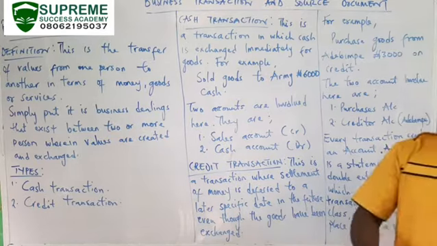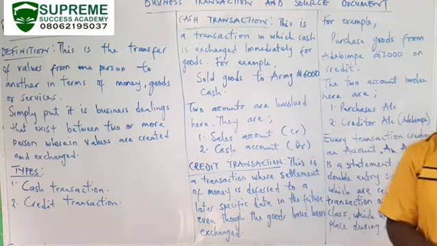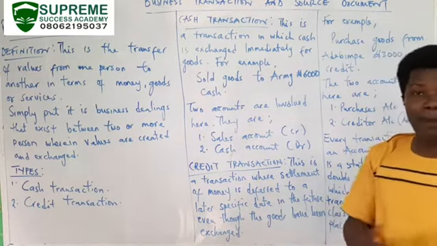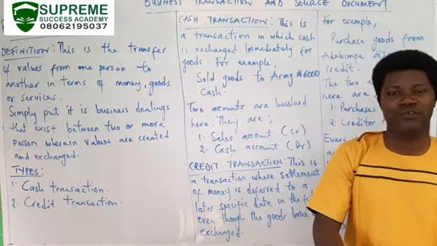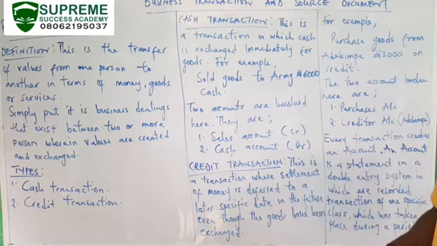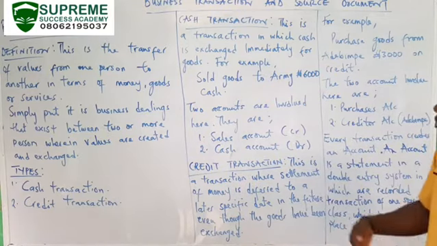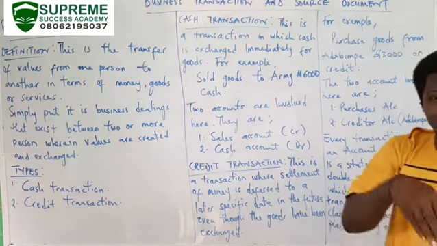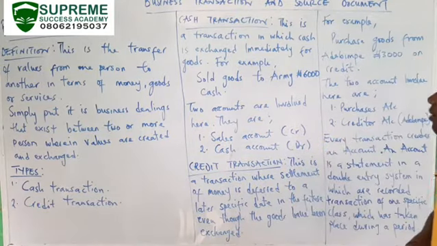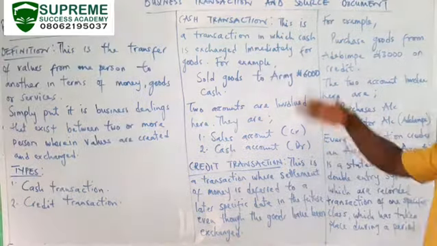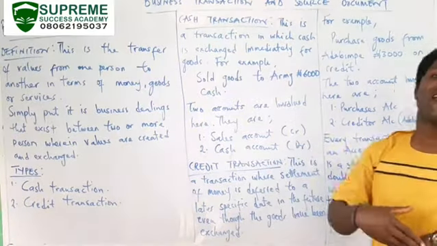Yes, the goods have been exchanged, the ownership of the goods have passed from one person to the other, but the monetary value has not been exchanged, which means the transaction is done on credit with the promise to pay at a later date. And these two transactions exist everywhere.